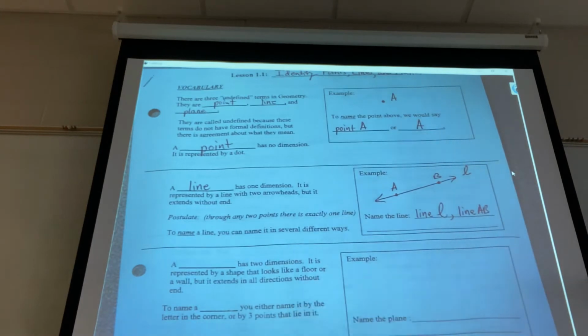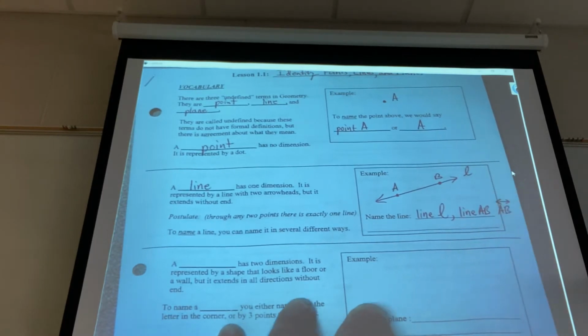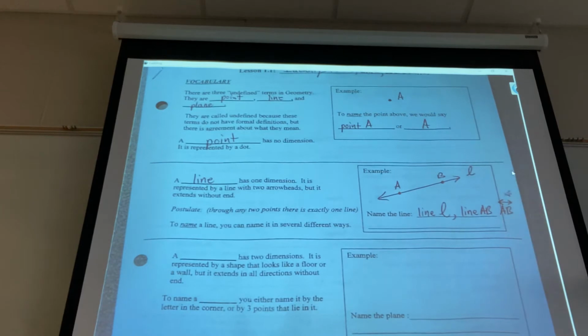But I don't often write out the word line like that. Instead, what we can do is we can say AB, but then we draw a little line over the top. So that's the preferred way to name it, in my opinion. Okay, this is the preferred way. You write AB, and then you draw a line above it, complete with arrows, right?